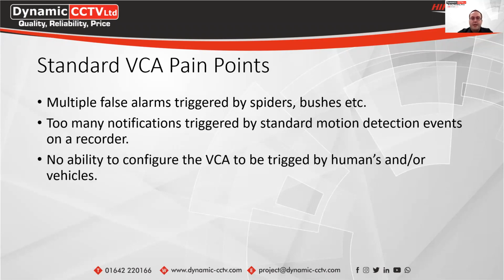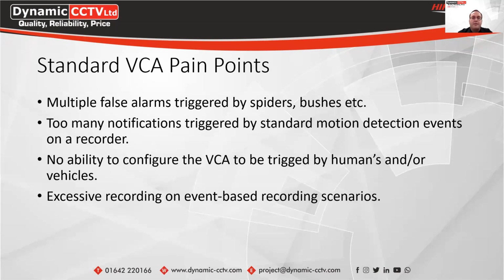With standard VCA rules, you don't have the ability to configure the actual VCA events to be triggered by specific things. So you can't set it to be triggered only on humans, for example, or vehicles. It's just whatever crosses that intrusion or line crossing zone will trigger that event on the actual system.